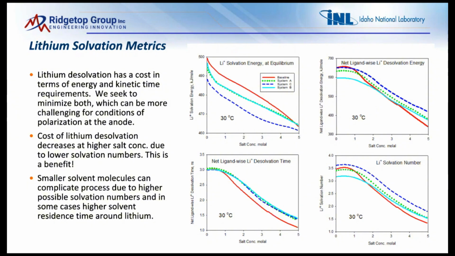But now we're looking at the ligand-wise desolvation energy, which is relevant more toward the anode if we were doing something like a fast charge. So in that case, we would want to look at the lower end of the concentration scale. Within that range, we see one candidate, the light blue curve, provides a reduction of the desolvation energy by about 10 to 15% compared to the other systems.